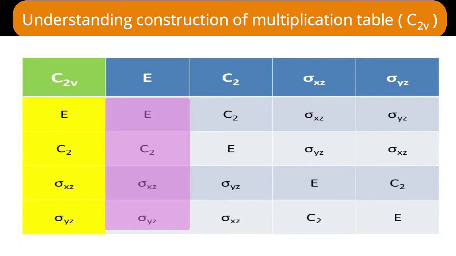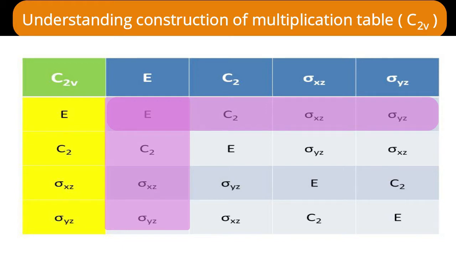The first column of the multiplication table is E, C2, sigma xz, sigma yz. It is just a copy and paste of the yellow region column. Similarly, the first row of the multiplication table is again E, C2, sigma xz and sigma yz.